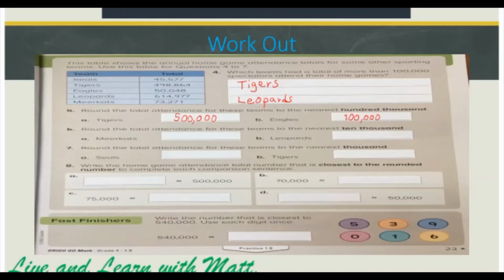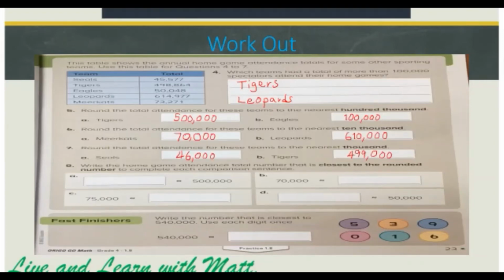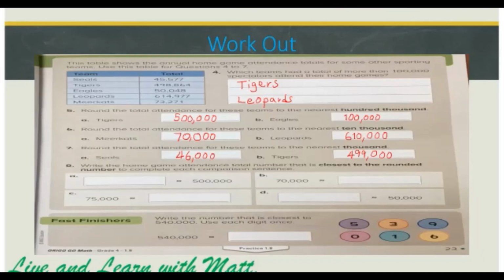Now, number 6, round the total attendance for these teams to the nearest 10,000. So number 7, to the nearest 1,000, for the Seals, we have 46,000, and for the Tigers, we have 499,000. Now number 8, write the home game attendance total number that is closest to the rounded number to complete each comparison sentence.